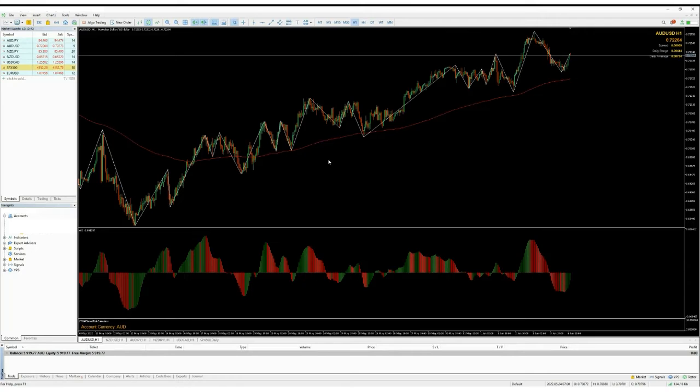Understanding a little bit about correlation of trading pairs is also important. We won't go into too much of that tonight, but correlation really means, for instance, the Australian dollar and the New Zealand dollar obviously are correlated, commodity-based currencies.